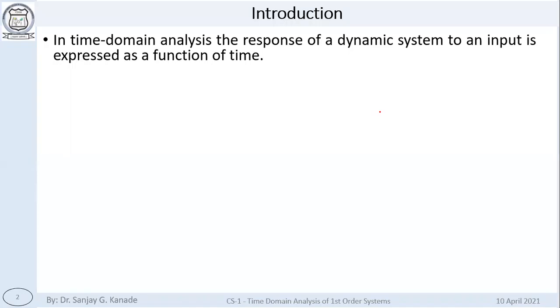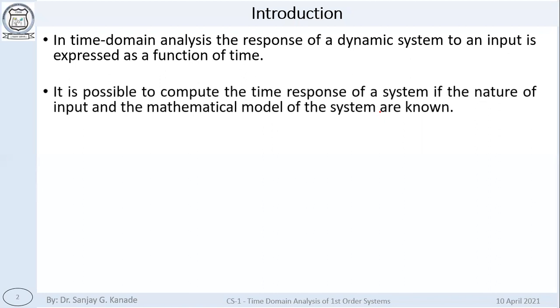In time domain analysis, the response of a dynamic system to an input is expressed as a function of time. Remember the words I'm using: response of a dynamic system. Dynamic systems are what we are studying in the whole subject. So the response of a system to an input is expressed as a function of time.